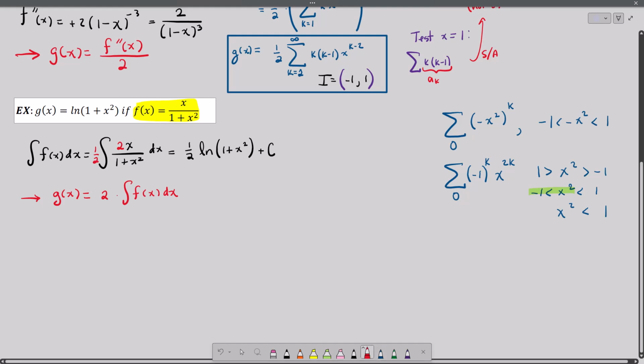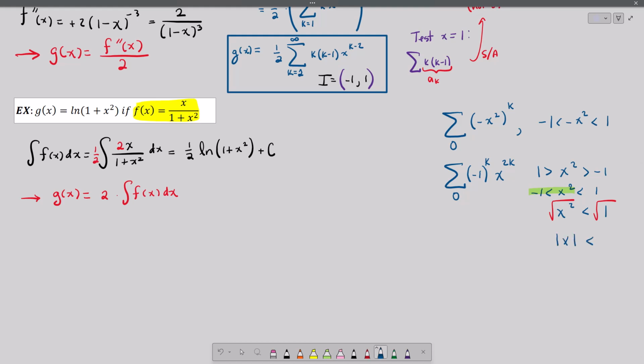And then you can take the positive square root of both sides. And the positive square root is going to be absolute value of x over here. And lo and behold, we get back to the exact same interval of convergence. So it didn't actually change the interval of convergence. So that's the algebraic way to do it. You could also do it graphically.